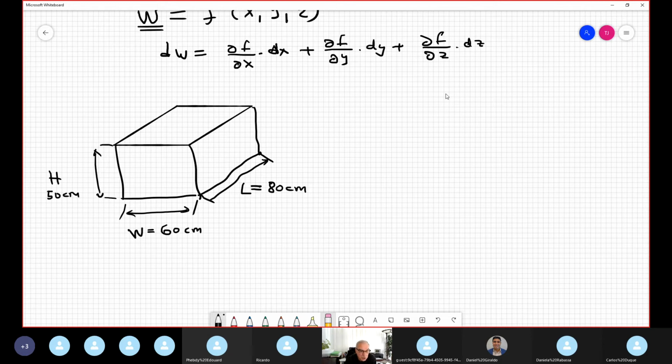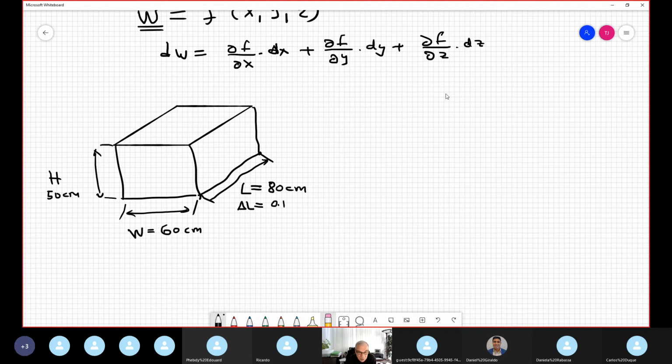However, these dimensions are measured with a specific error. The error is using the same instrument, the same tools, and delta L, the error, is 0.2. 0.2 or 0.1? 0.1. I don't remember if it's 0.2 or 0.1.